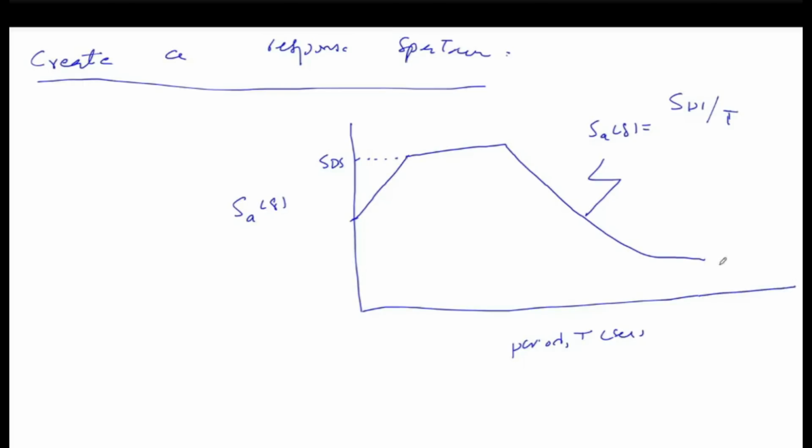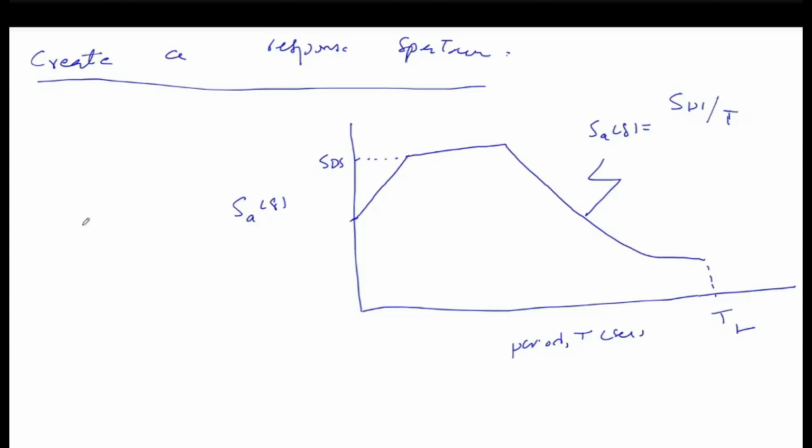Let me just extend this till a time period that is called TL. In the current codes of the IBC, it gives the value of TL for various states in the United States, and hopefully the IBC will also be adopted soon in Pakistan as well.